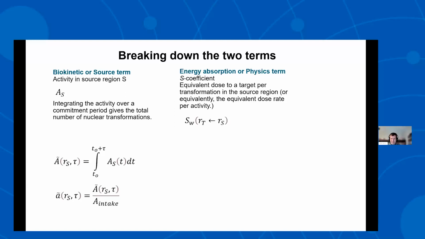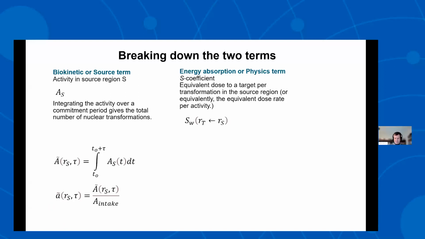And this is the quantity I believe those in nuclear medicine call a TIAC, a time integrated activity coefficient. Note that the very fancy tilde symbols over the A's here are just an integration symbol on its side. So the notation is there to remind us that this quantity has been integrated over a commitment period.